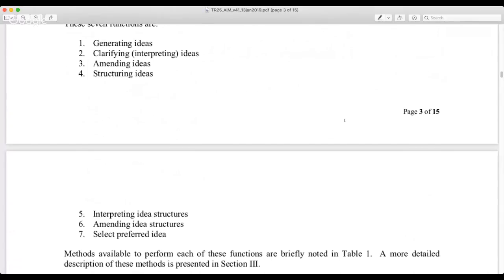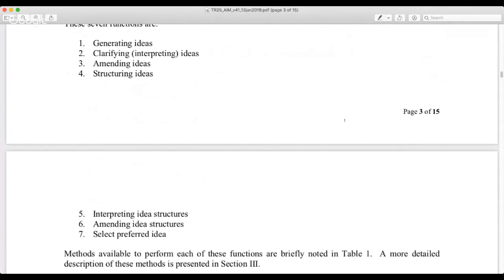I actually added the 7th function, which is selecting the preferred idea, because in their consensus methods, they list a selection consensus technique. So it seems like they perform the selection process function, they just didn't have it listed.